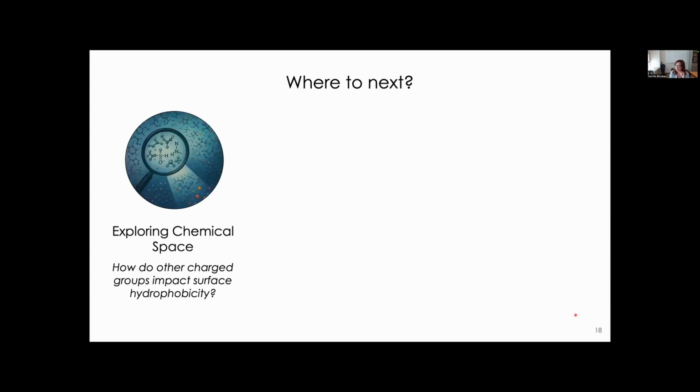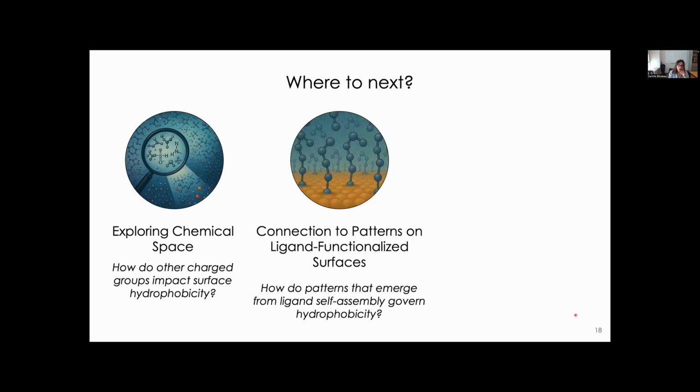And so I'm starting to run low on time, but just to give you a brief sense of what we're interested in doing next, we're interested in applying this framework to exploring other types of charged groups and chemical space, particularly negatively charged groups. We're also interested in connecting this to patterns formed by ligand functionalized surfaces. So a lot of these surfaces are almost artificially ordered, right?